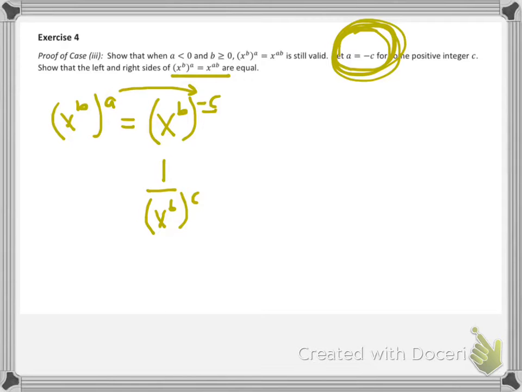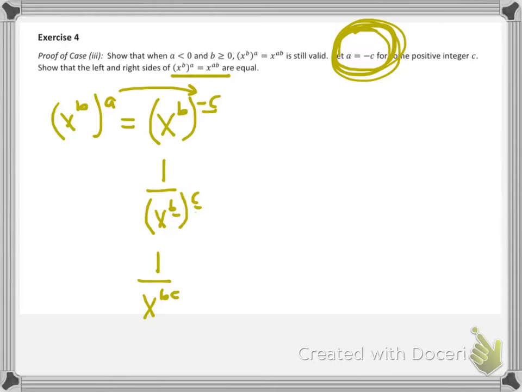So now my exponents are positive. And since we know that an exponent raised to another exponent, we can multiply the exponents, I would get 1 over x to the b times c. So 1 over x to the b times c on the left side.